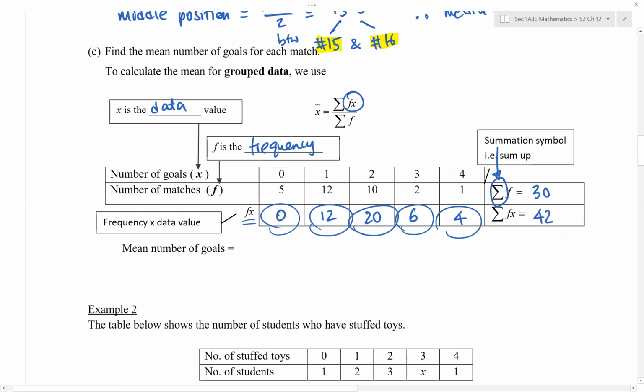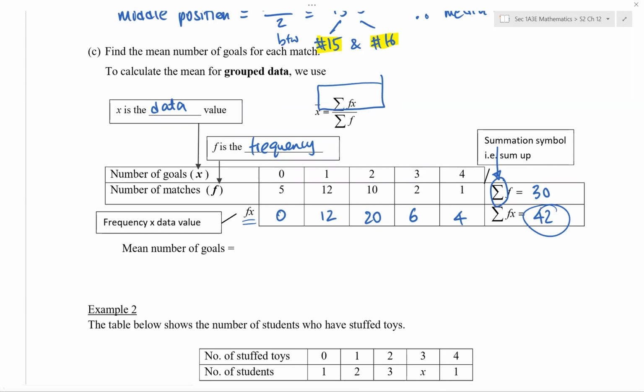So what is actually happening over here so far is that in this numerator, we get 42. How did we get 42? We take 0 times 5 plus 1 times 12 plus 2 times 10 plus 3 times 2 plus 4 times 1. That is half of the step that you require to calculate your average in primary school.